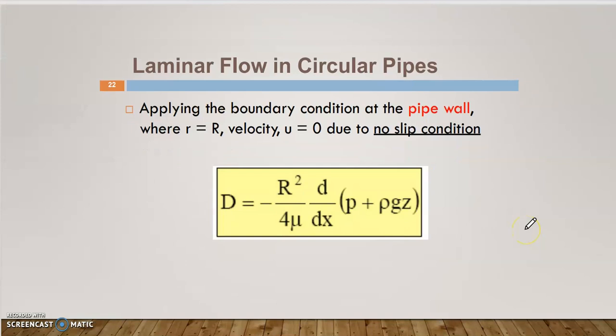And now we apply the boundary condition at the pipe wall, where r is equal to capital R, because it is the boundary condition. So the velocity at the boundary is 0. Due to the no-slip condition, it will become this equation because u is 0.